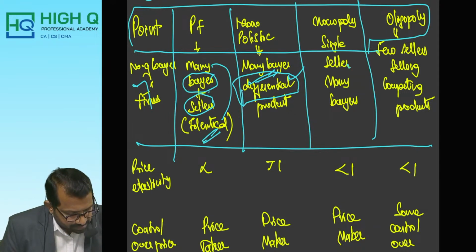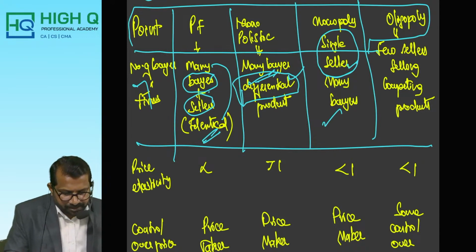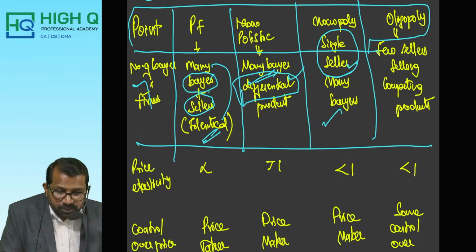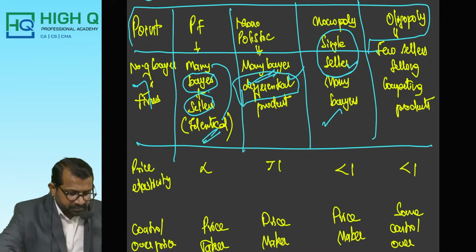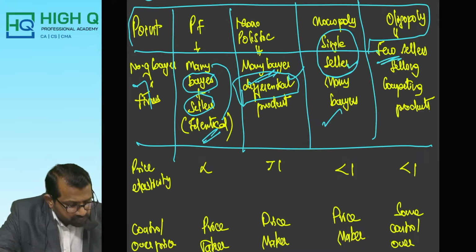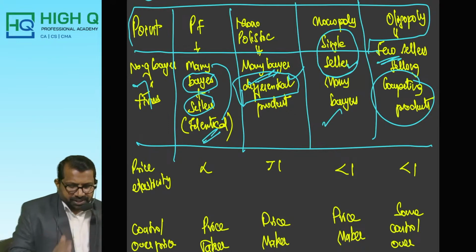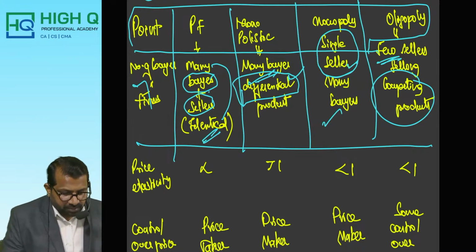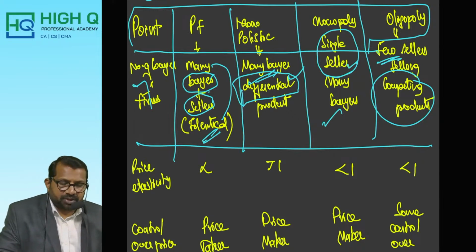Monopoly, single seller but many buyers. Oligopoly, few sellers selling competing product. So each competition on number of buyers and firms may not be the same. Differentiation is there between these types of competition.